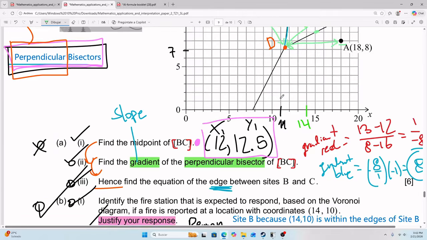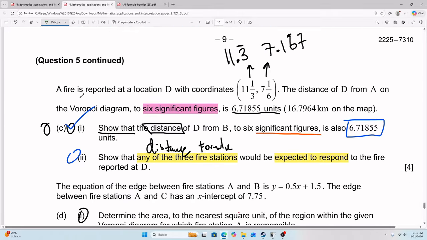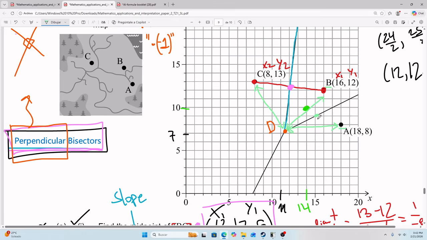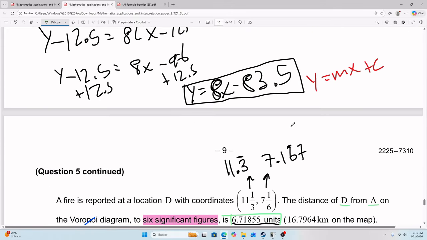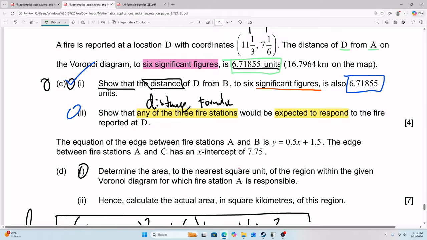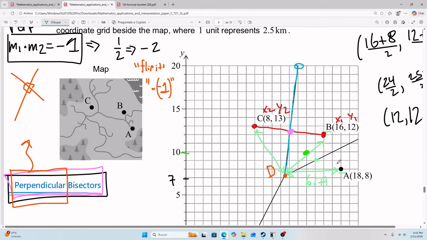And so what you just proved, or what we have until now, they tell us that the distance from D to A is this 6.71. So you just figured out from D to A is 6.71. And what we solved right now is finding the distance between D and B. So between D and B, you also got 6.71.